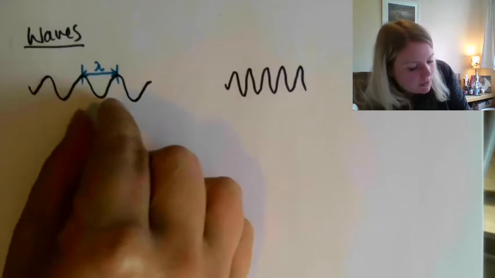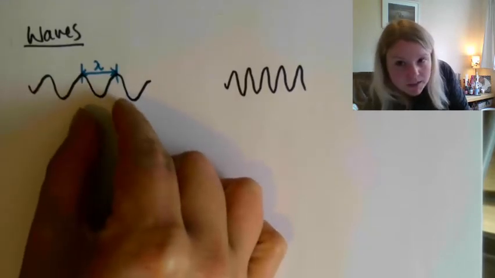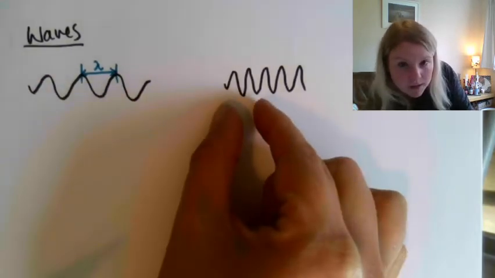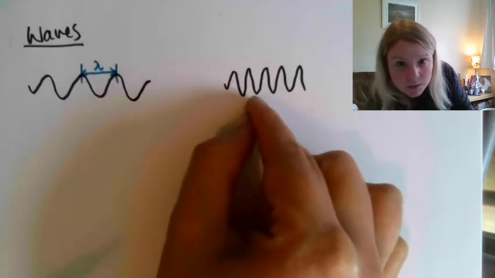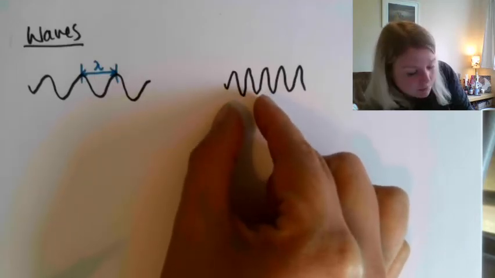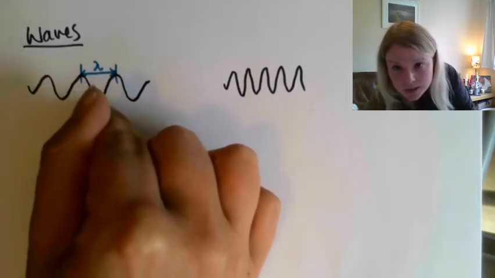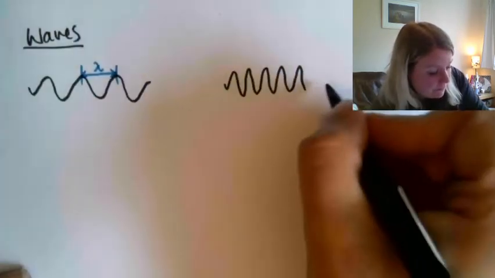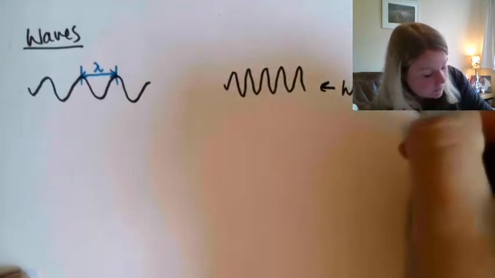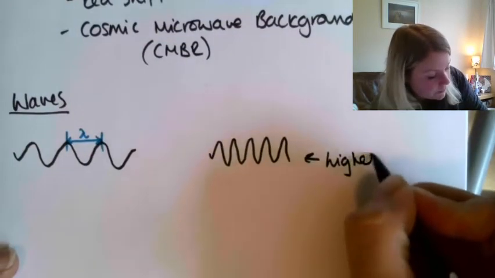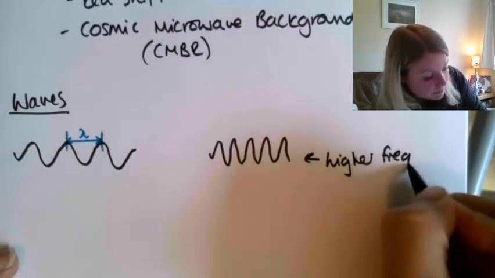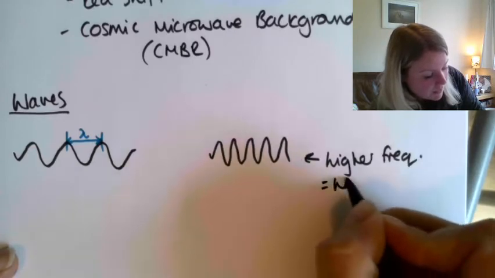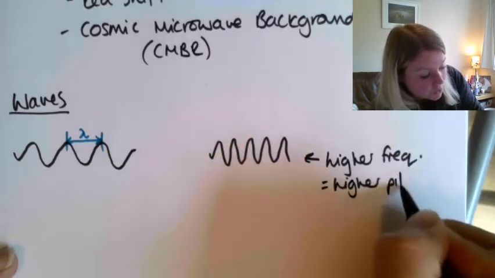So in the amount of time that we have here, compared to here, there's more waves in that same amount of time in this one. So this one would be a higher pitch, all right? So higher frequency, which is a higher pitch if we're talking about sound.